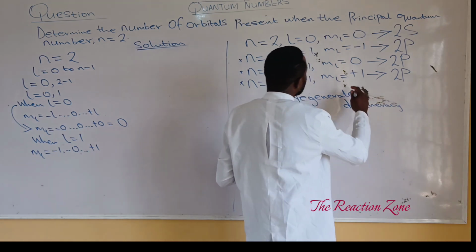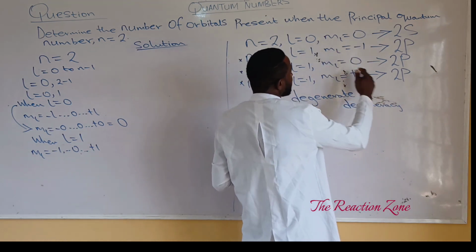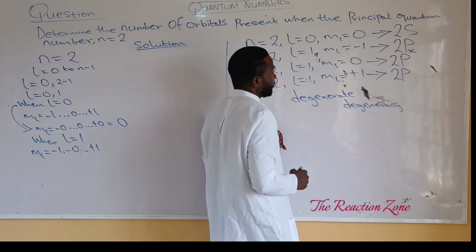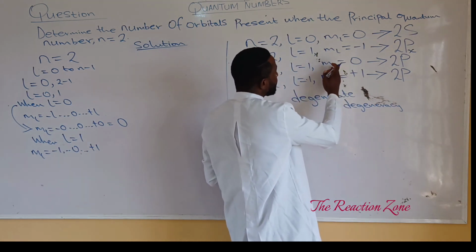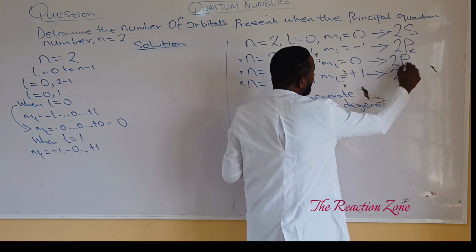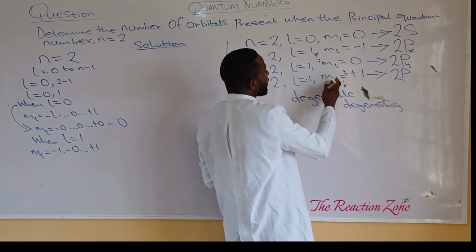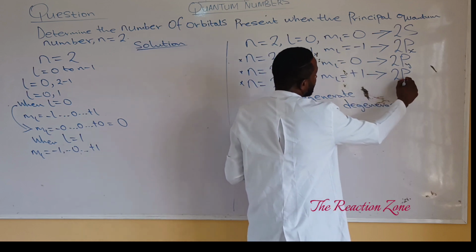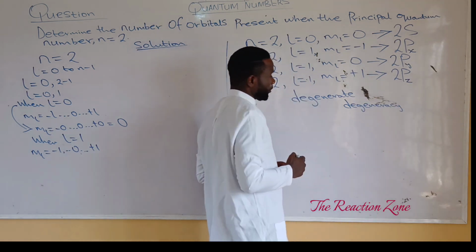The first one, which has a magnetic quantum number of -1, is oriented towards the x-axis. The next one, which has a magnetic quantum number of 0, is oriented towards the y-axis. And the final one, which has a magnetic quantum number of +1, is oriented towards the z-axis.